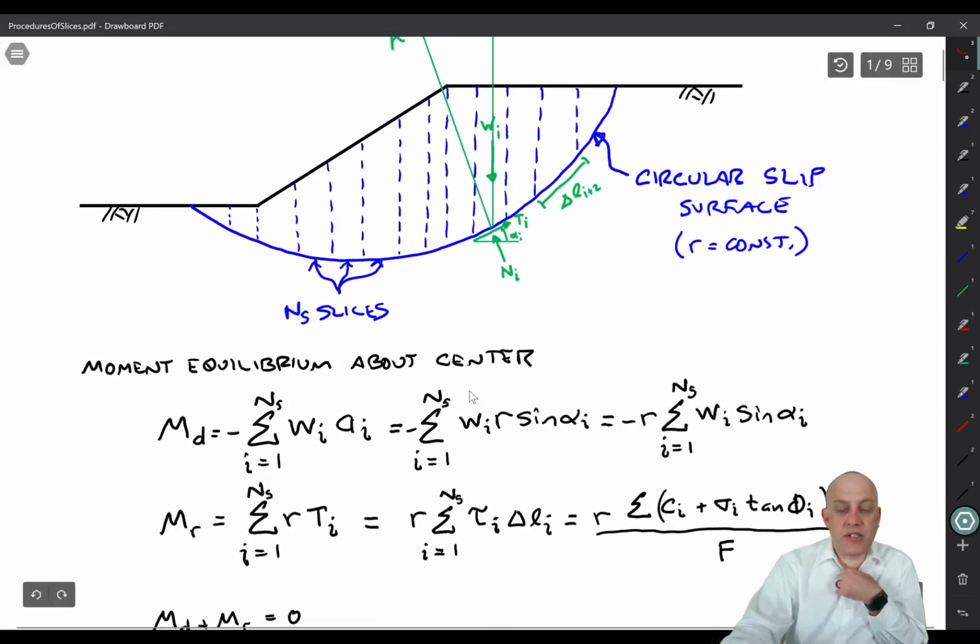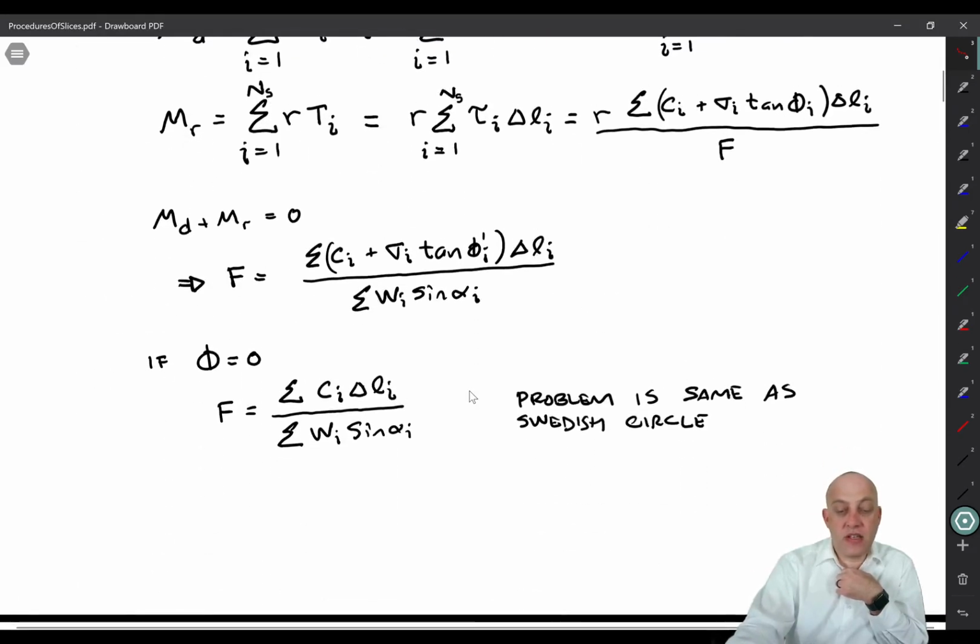If phi is equal to 0 and the friction term doesn't exist, then we've gotten rid of that sigma. All the assumptions that we have to make don't actually influence the problem anymore because the cohesion term, or the undrained strength, is constant, and you'll get the same solution regardless of which procedure of slices you use. It's because it's the Swedish circle method.